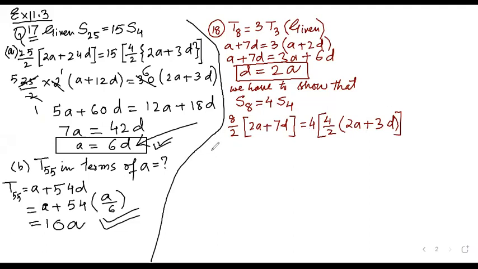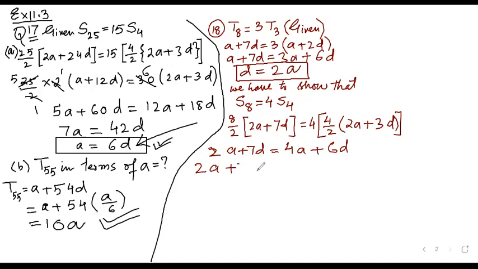So we will have 2a plus 7d is equal to 2 times 4a plus 6d. Okay, now we will put the value of d, which is d is equal to 2a, as we found in the beginning.